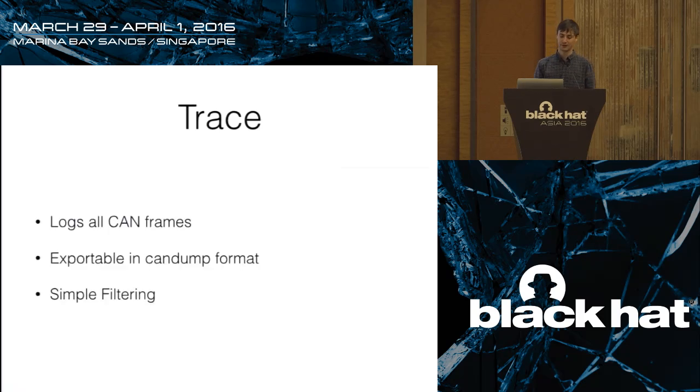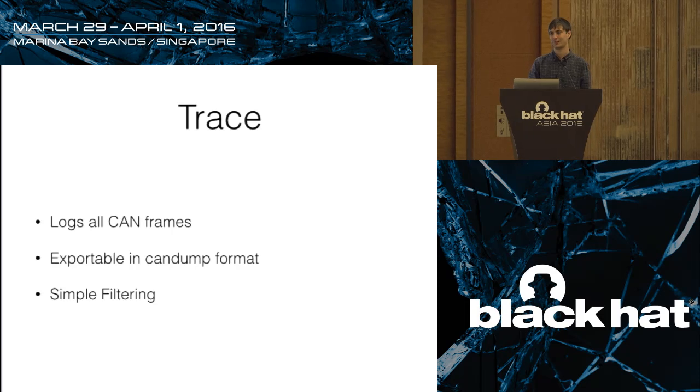So it logs all the CAN frames by default. You can export it in the candump format, which is the closest thing we have to a standard format for CAN logging in the open source world. There's a bunch of proprietary formats. Vector has their BLF format. PCAN has their own thing. Candump is quite nice, though, because you can take one of the dumps from this, save it as a text file, and then on Linux you can put it right back into this thing called canplayer, and it will replay the entire log.